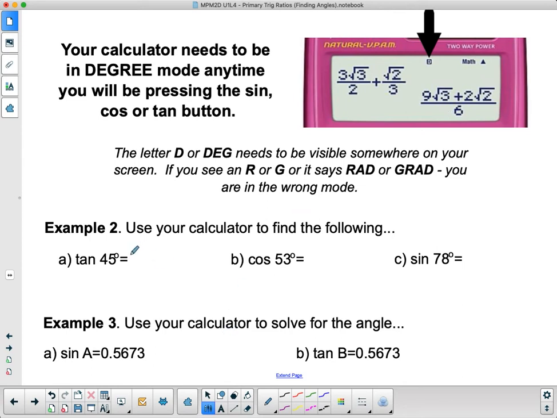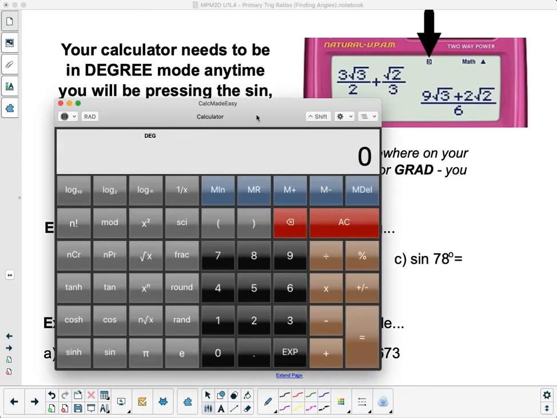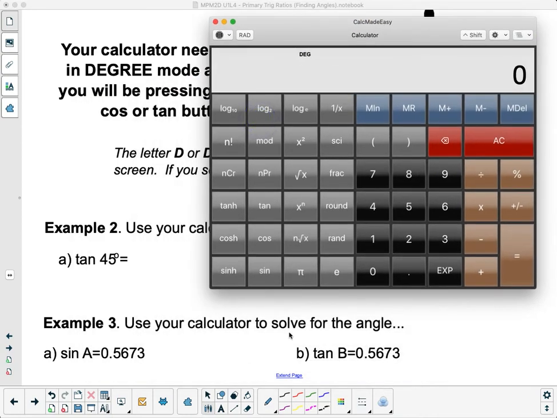So we're going to use the calculator to find the following things. I have this calculator here, and it's pretty straightforward to find the tan of 45. I don't know which way this calculator works. Some calculators you have to press 45 and then hit the tan button, which appears to be what this one has to do.